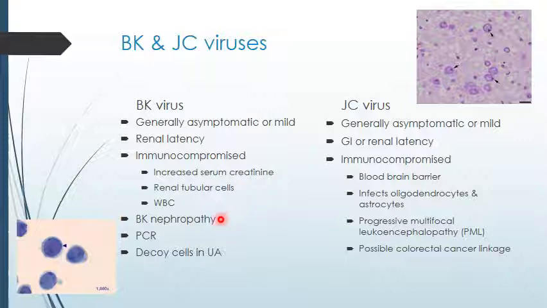In the case of a transplant, where we make you immunocompromised to a certain extent for the rest of your life, the BK virus that was in your tissues already can enter the graft. And now the graft becomes the place where the virus can replicate. And that means you'll lose the graft. The graft will be lost in about 80% of the cases if you get BK nephropathy.